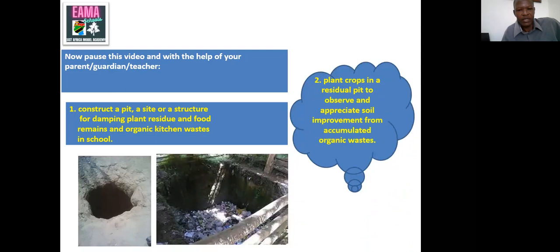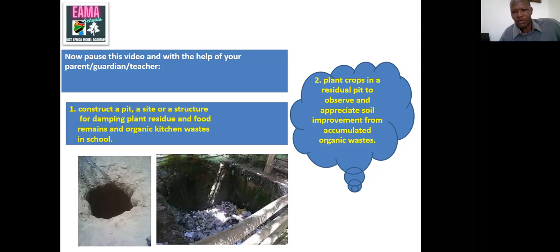So after you've done this, and you take time to throw that in there, residue, food remains, okay, fruit remains, etc. With time now, you will need to do some planting of crops in that pit. We're improving soil. It's been wasted, but now we are improving it. So after throwing that into that place, we want to do some planting of crops there.